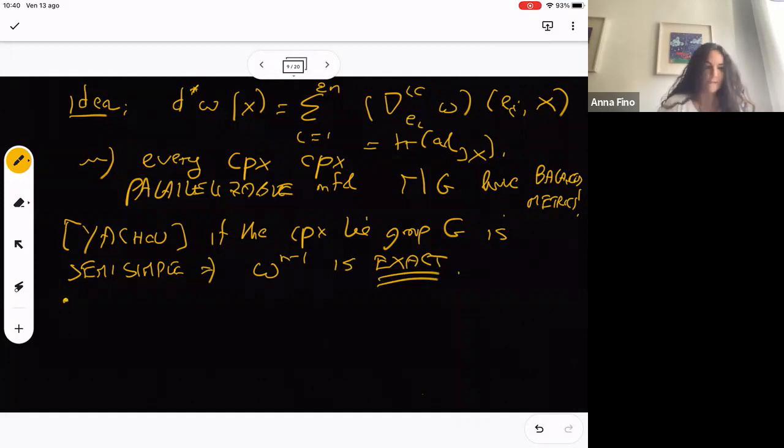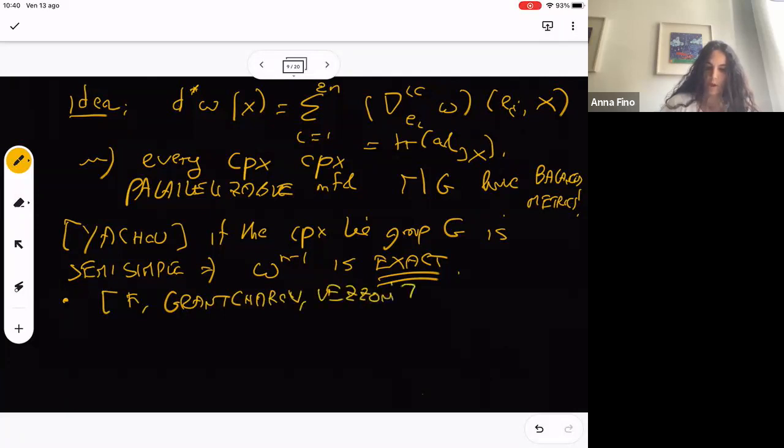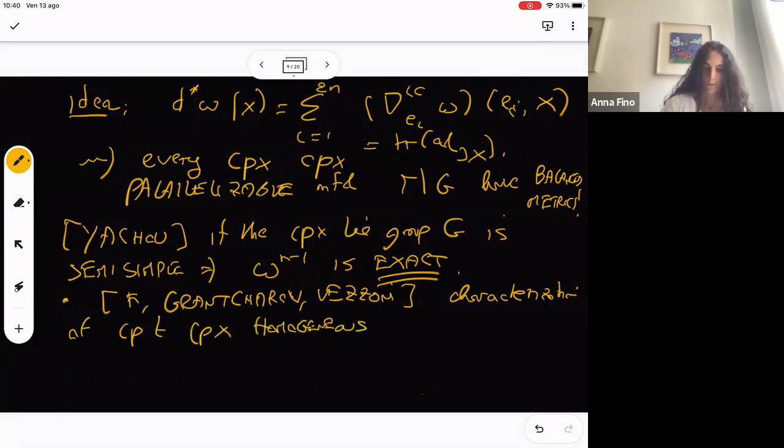Here I mention also some results that I got with Grancharov and Bazzoni, where we study something more general than complex parallelizable. We found a characterization of compact complex homogeneous spaces with an invariant volume form.